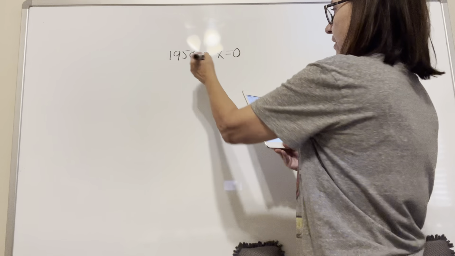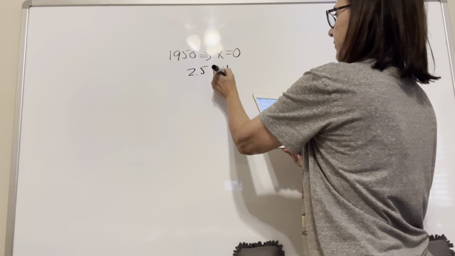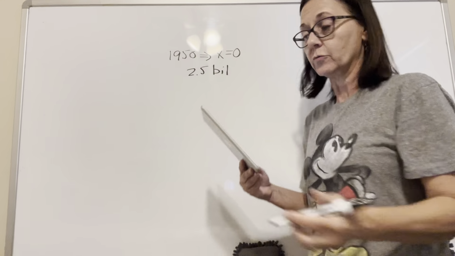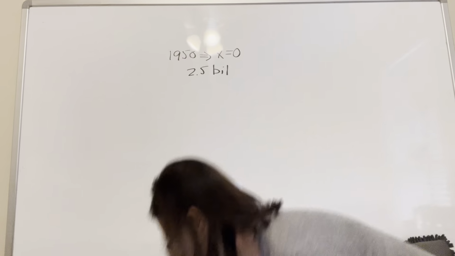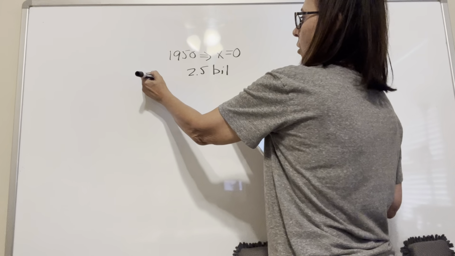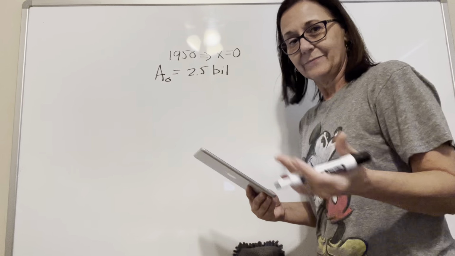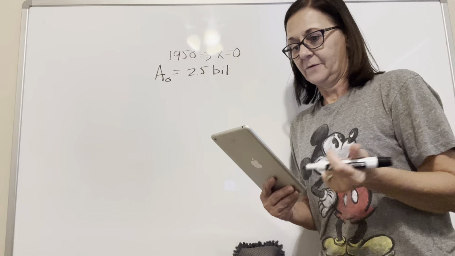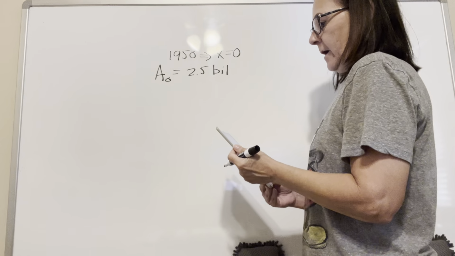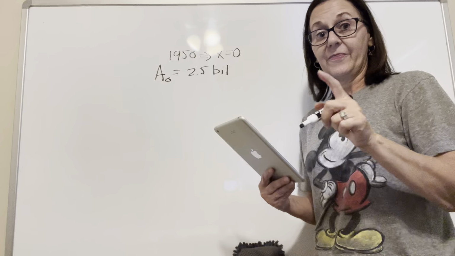All right, so that's at year 0. We're at 2.5 billion. That's my original amount, or my principal, right? But it's people, so it's really not principal. And it has been increasing at 1.85% per year. That's my rate.